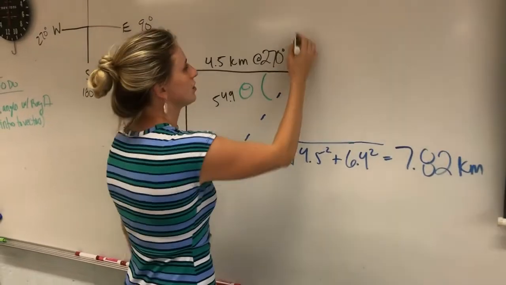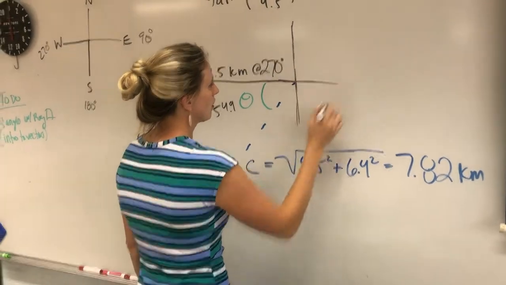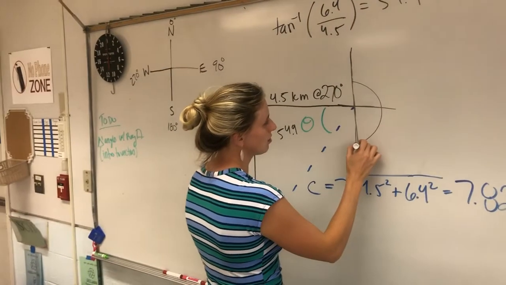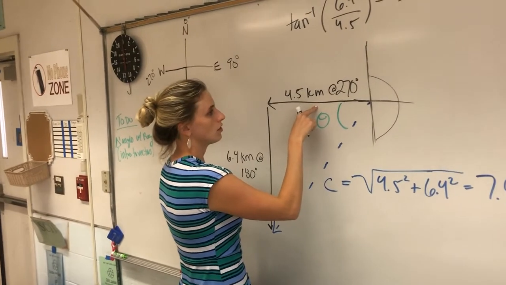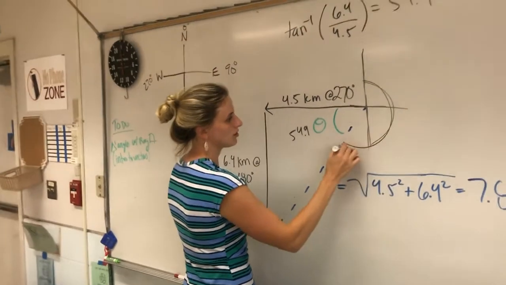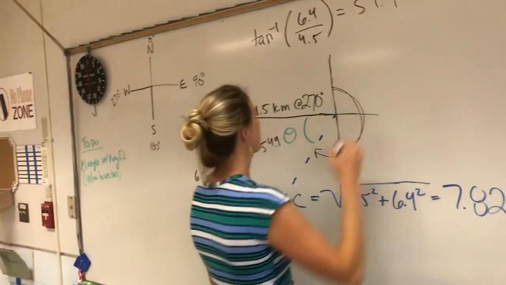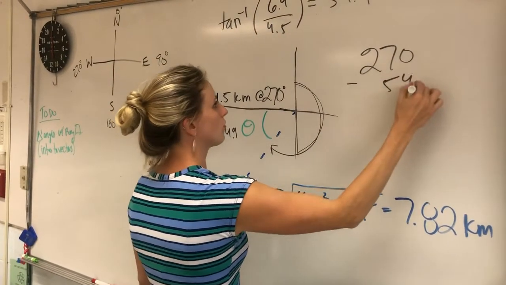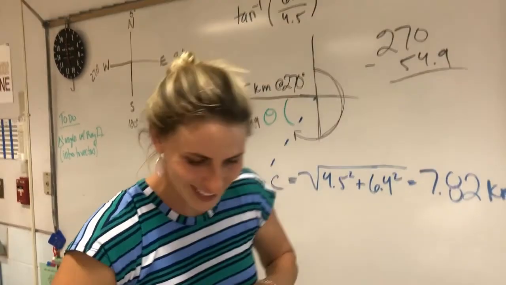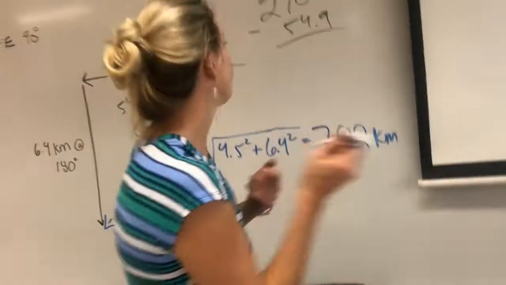I don't know how you like to do it, but I kind of like to think, okay, here's my compass, right? And we know this is 180. This is 270. So we want to know this angle, right? So can't we just do 270 minus this? Yeah, because it's less than 270. 270 minus 54.9. 215.1.